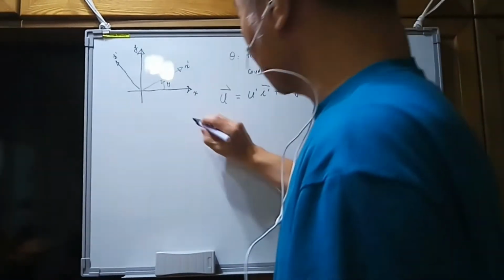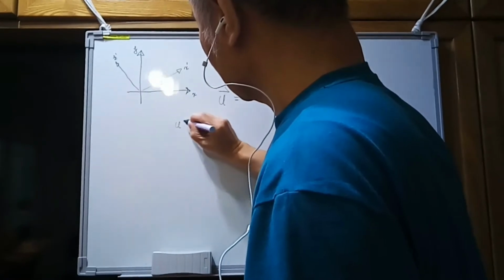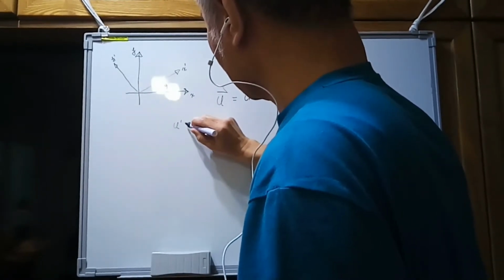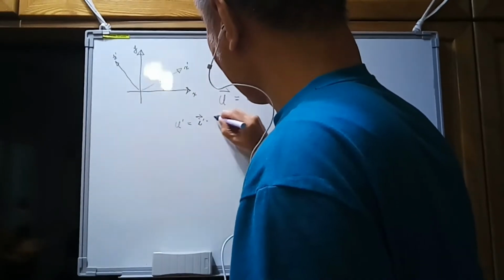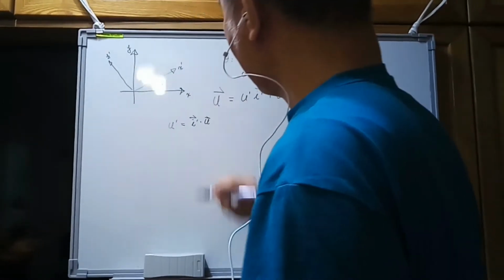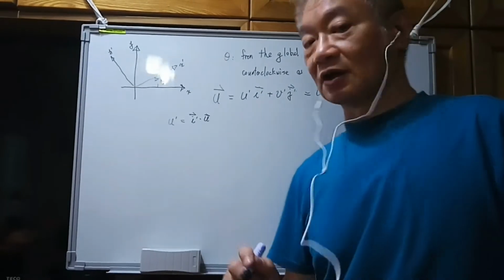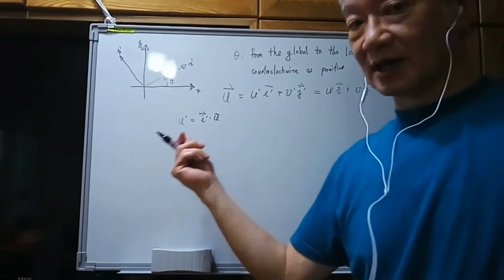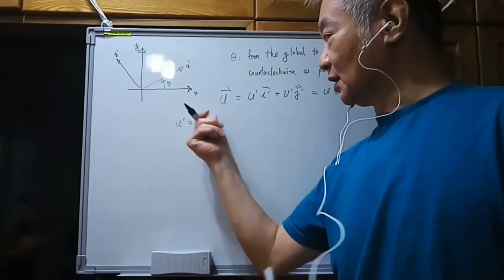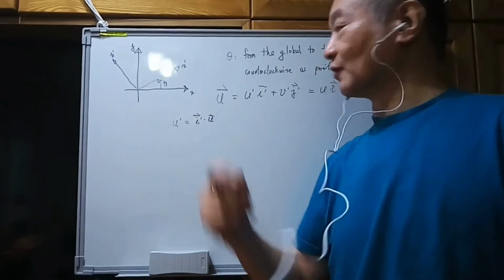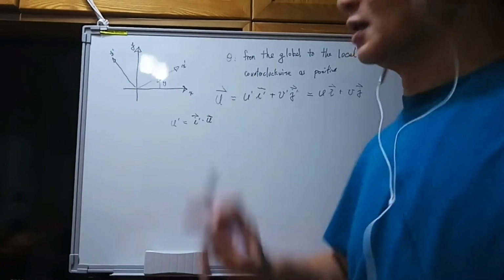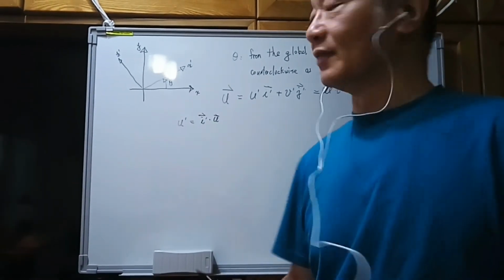Okay, so also remember, we can use the dot product. If we use the unit vector of the local x prime coordinate system and make the dot product with the u vector, then we can get u prime.